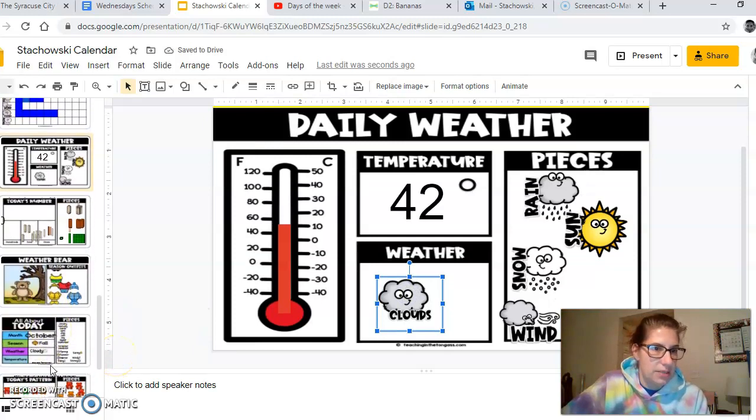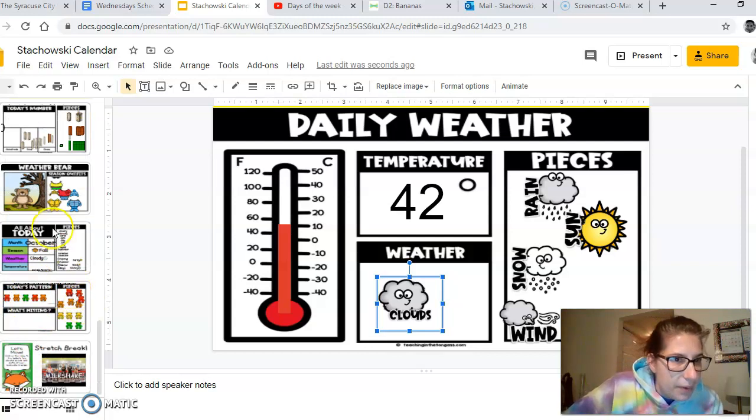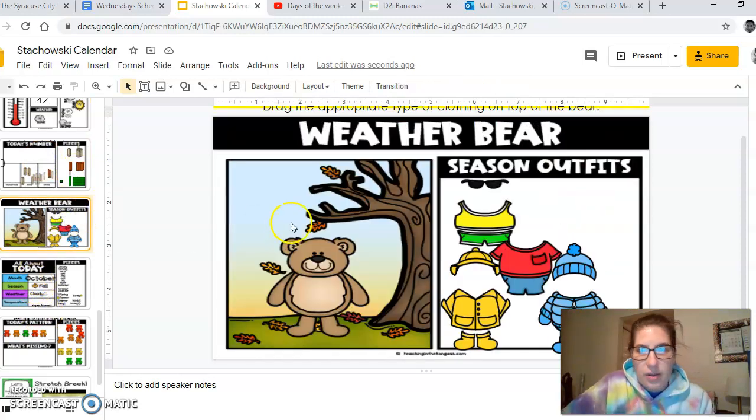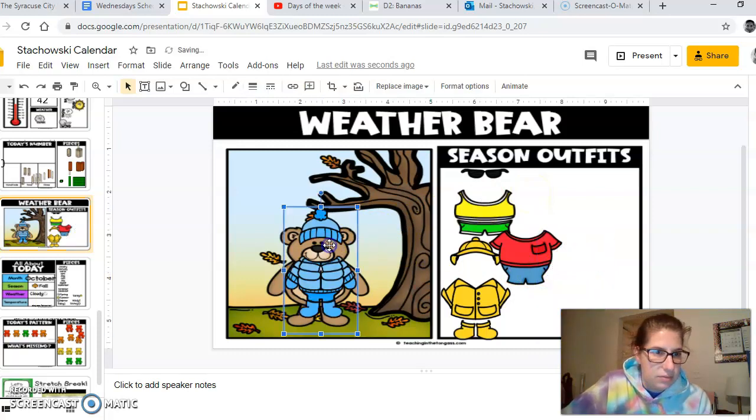All right, so let's go down to, where is it? Here we go. Here's our weather bear. Weather bear, he's missing his clothes. Where's his clothes? I think this is a little too warm for today.